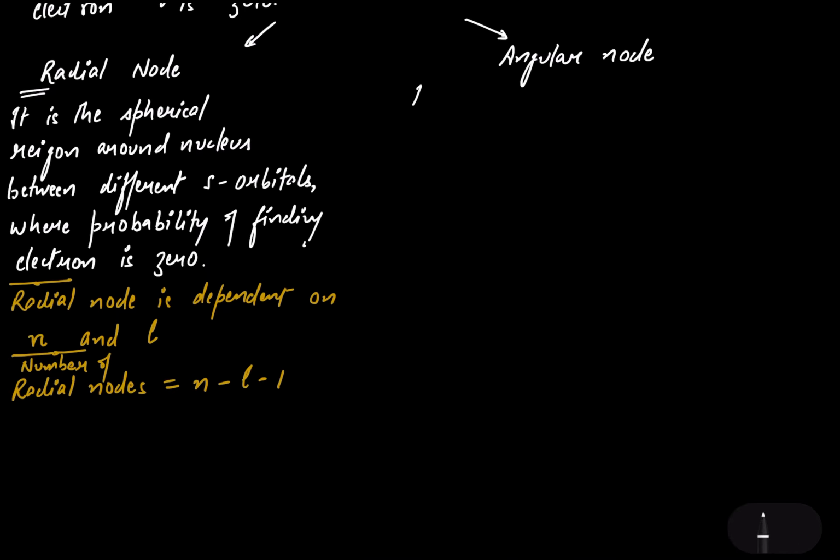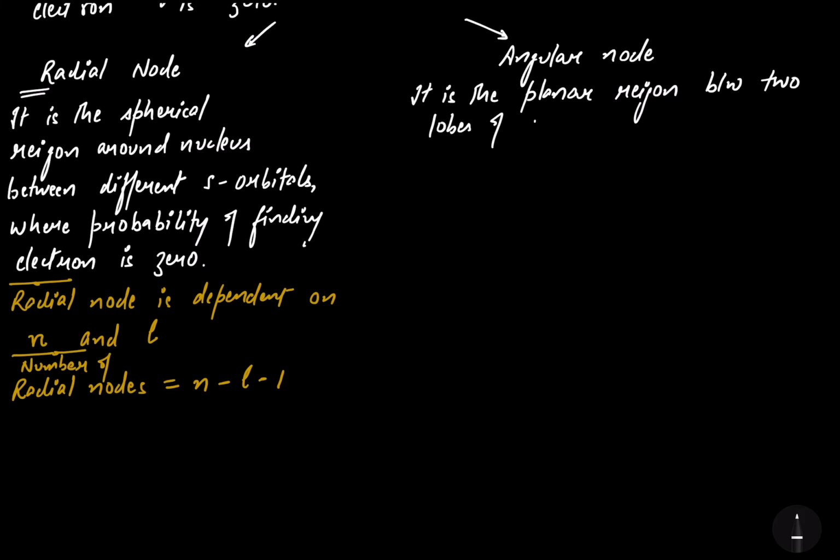I am writing: it is the planar region between two lobes of dumbbell shaped orbitals where the probability of finding an electron is 0.